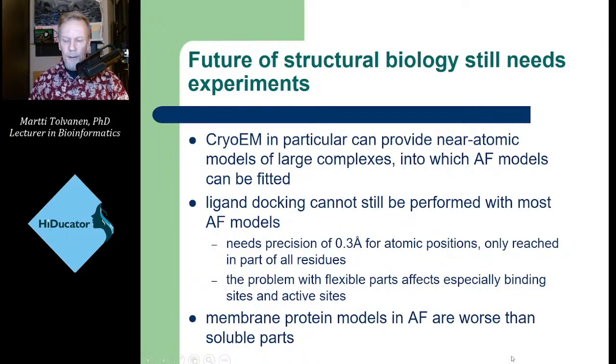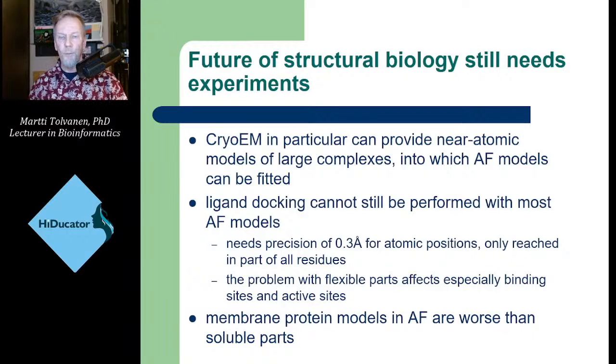In one paper, scientists looked at 27 transmembrane helix receptors that had become available after the development of AlphaFold 2, which had a cutoff period for the training data at 2018.